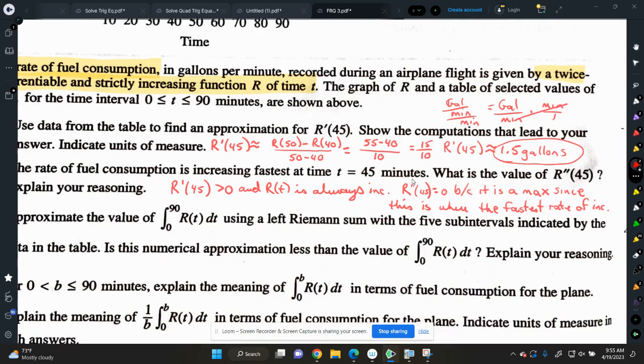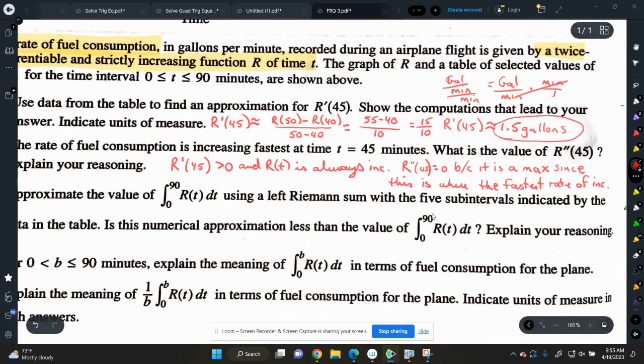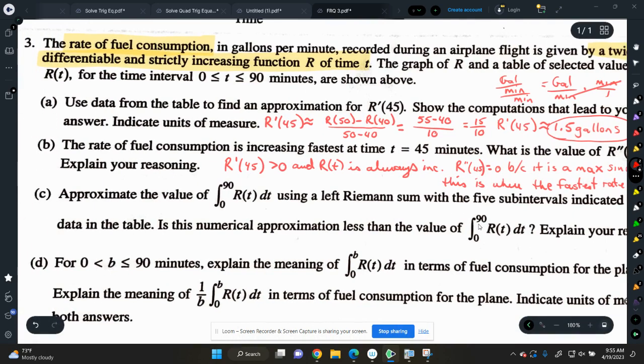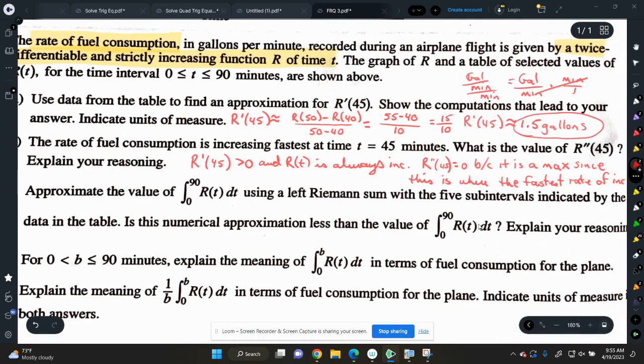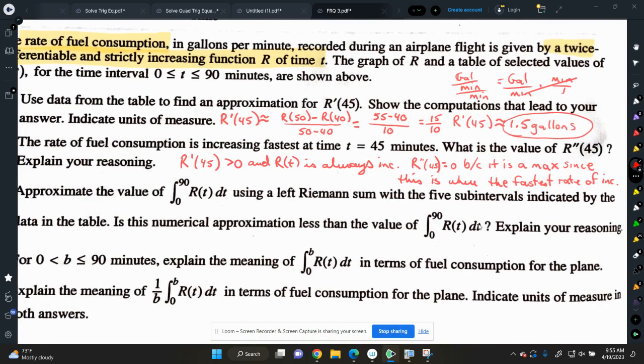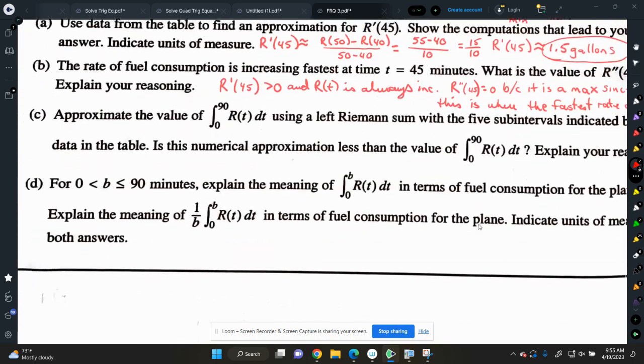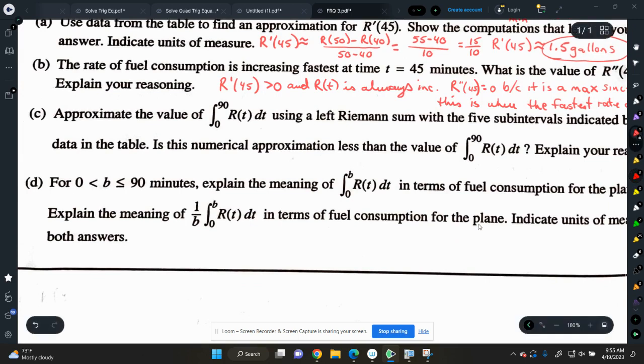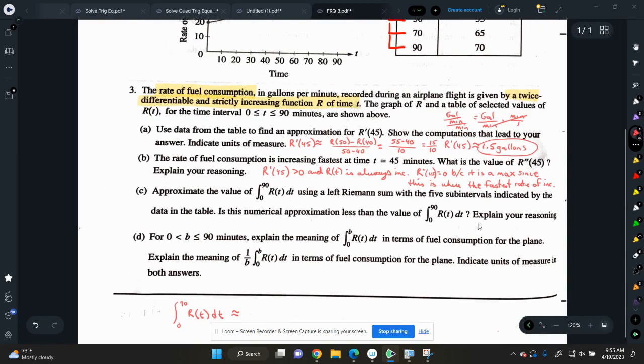Let me read the question again because I get excited when I see something I know, right? Is the numerical approximation less than the actual integral? Okay, so let's see if we can get some space down here. We're going to write that the integral from 0 to 90 of R of t dt is approximately, right? Now we're going to do the work.